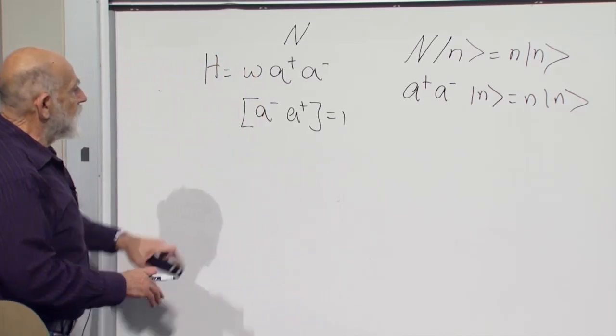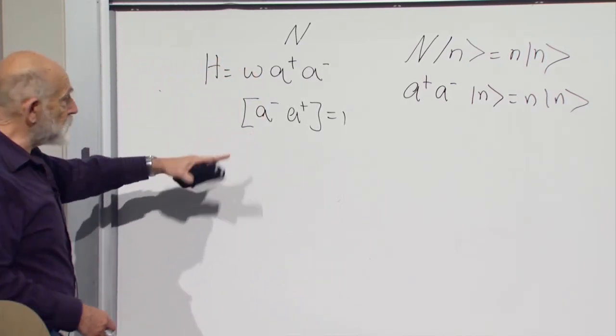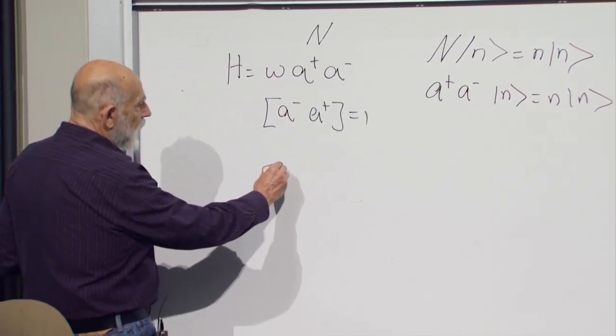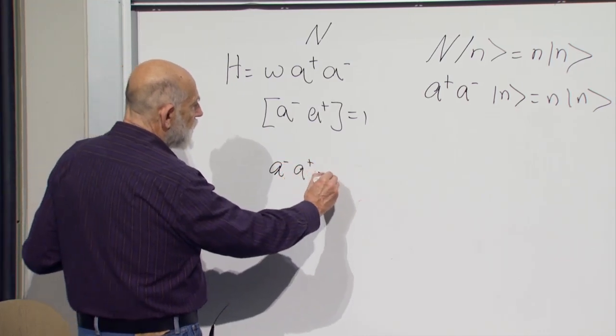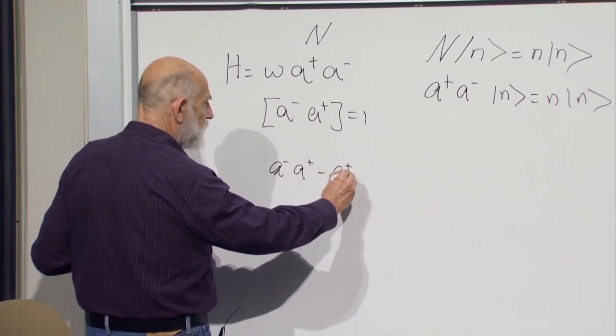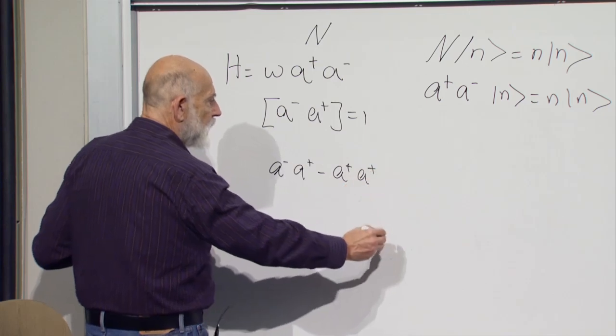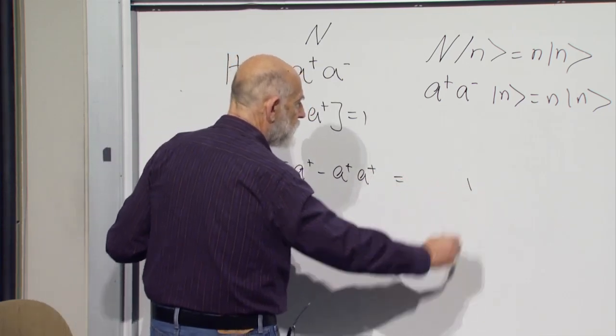Now let's take the commutation relation here. Let's write it out: a minus a plus minus a plus a minus equals 1.